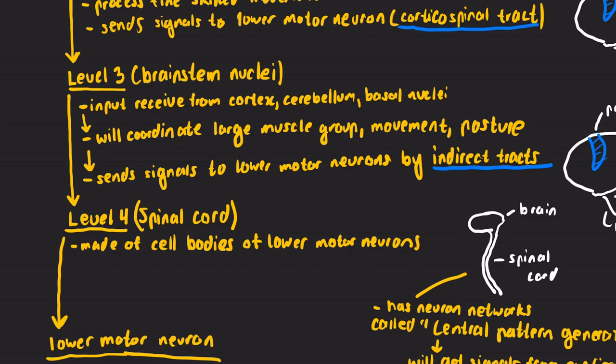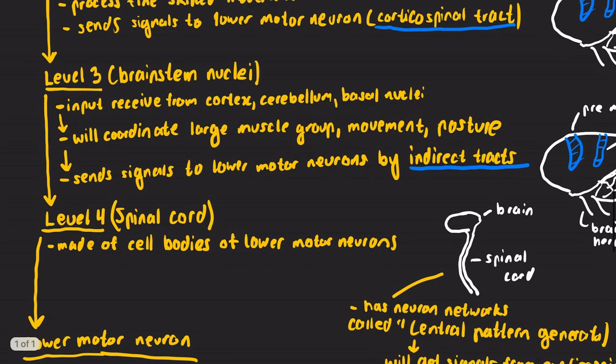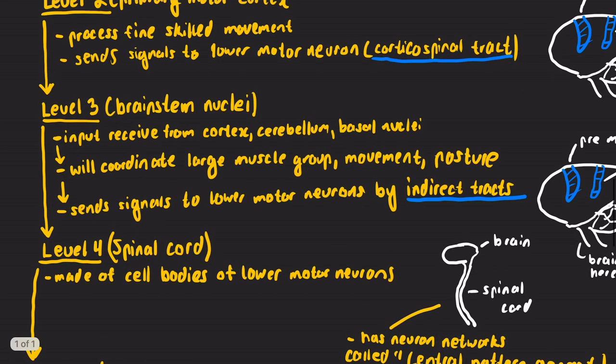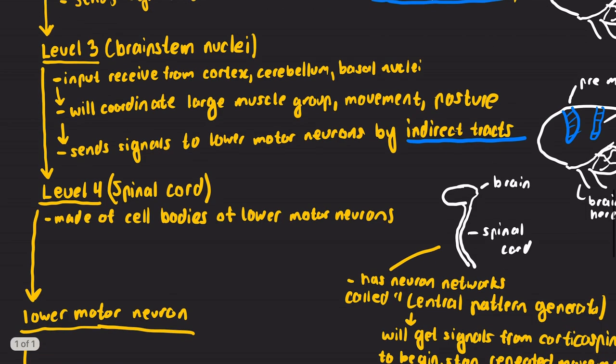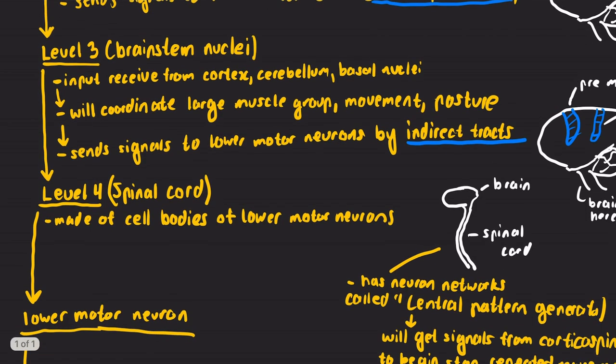The reason why I say this is like the center of the process with the levels of motor control is that this is between sending from the upper motor neuron to the lower motor neuron. So before we send to the lower motor neurons, the brainstem nuclei process is kind of in between those neuronal networks.